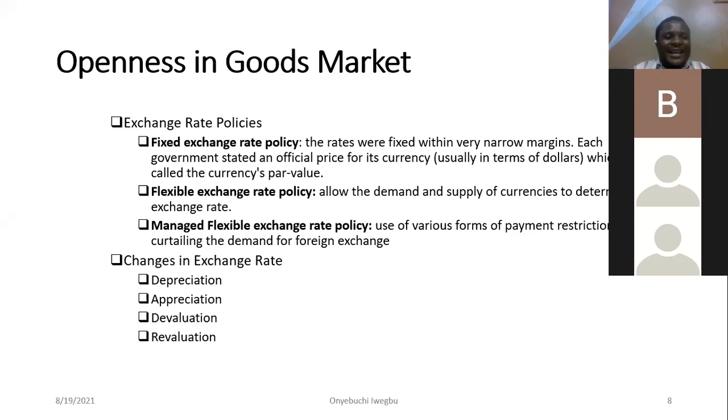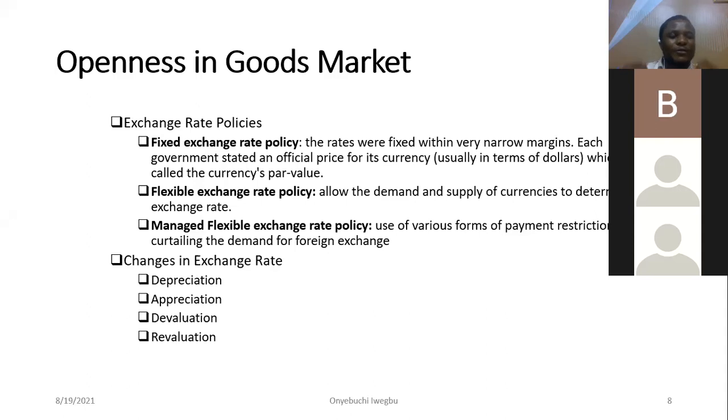So under that case, forces of demand for foreign goods and supply of our domestic goods do not determine the exchange rate. They stated that our exchange rate is this particular amount and it is fixed. That is fixed exchange rate. But in flexible exchange rate, you allow the market forces to actually determine the exchange rate.